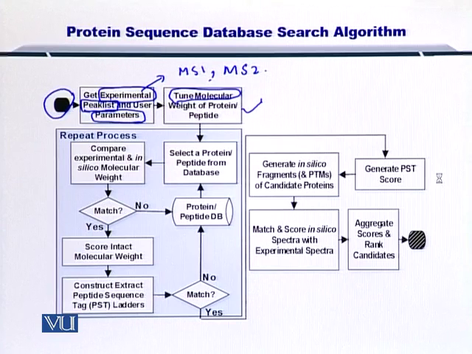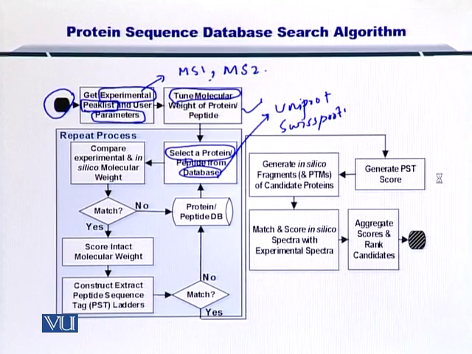Next, you select a protein or peptide from the database. This database can be your UniProt or SwissProt. Once you have selected a protein, you compare the molecular weight of this protein from the database with the mass from the MS1.